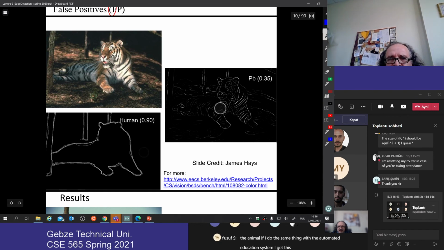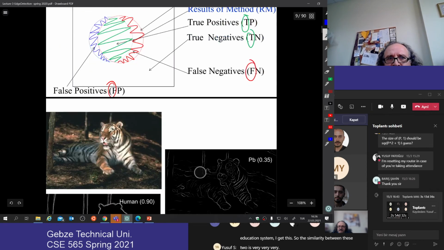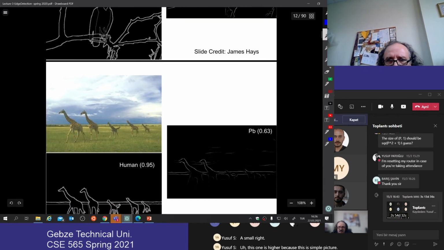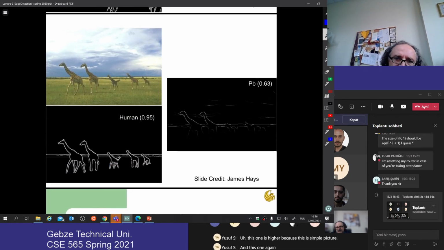So the similarity between these two is very small, right? And this one is higher because this is a simpler picture. And this one again, because those people recognize the giraffes. But my edge detection is not as smart as the humans. So this overlap is not that good.